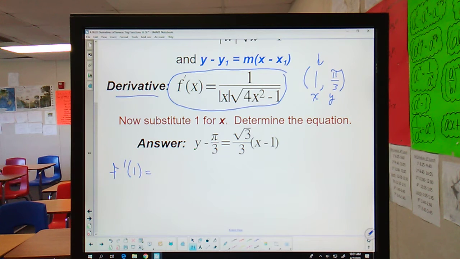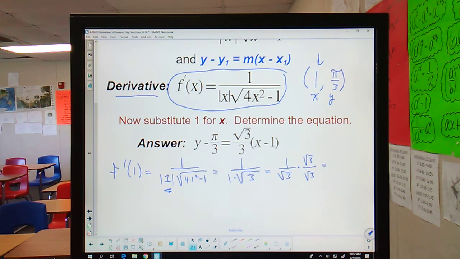That's going to be 1 over absolute value of 1 times the square root of 4 times 1 squared minus 1, or 1 over absolute value of 1 is 1 times the square root. This is 1 times 4, which is 4 minus 1, which is just 3. So your slope is 1 over radical 3, but remember what I told you, always rationalize answers.